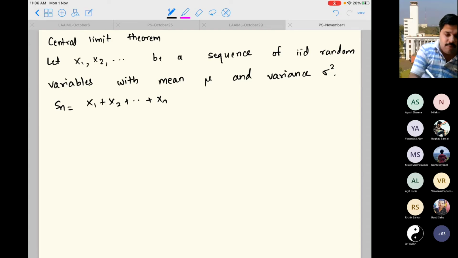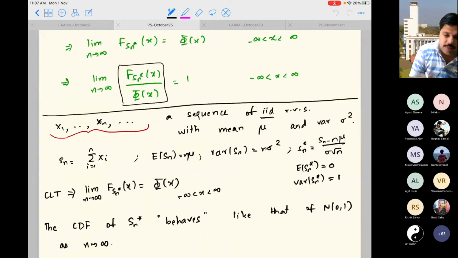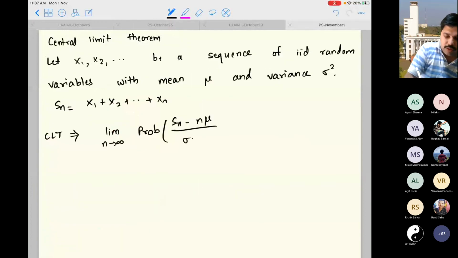The distribution of the sum, and what this CLT, central limit theorem, implies is that the limit as n tends to infinity of the probability of Sn minus n mu divided by sigma root n, right? So this particular standard deviation term, sigma into root n, that's the standard deviation.